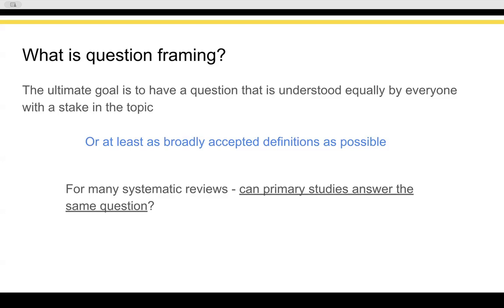And so if the primary studies exist, then we would want to perhaps be focusing on aggregating those primary studies. So it helps to sometimes see to what degree a hypothetical primary study exists to answer the question that we've identified for a systematic review.